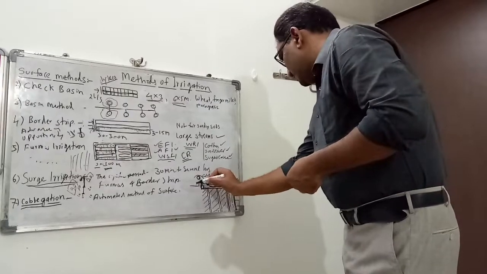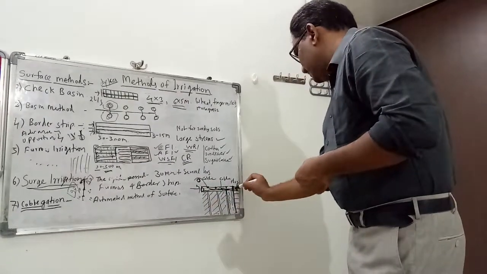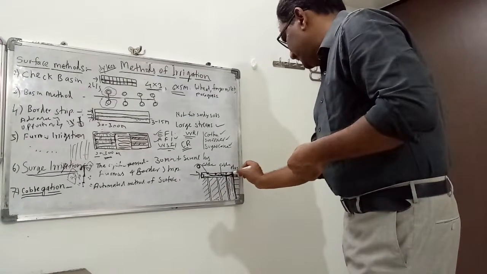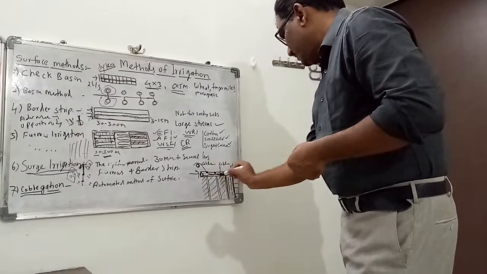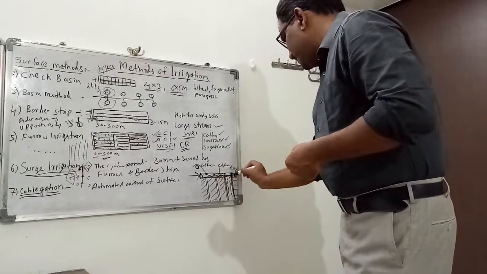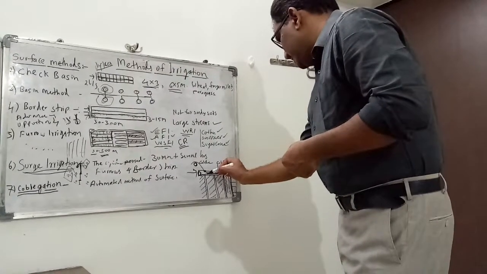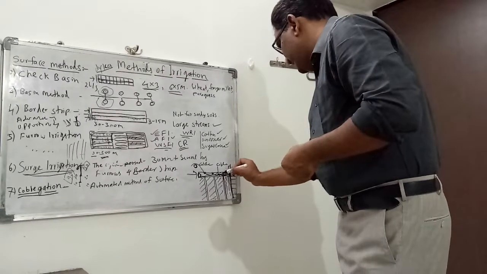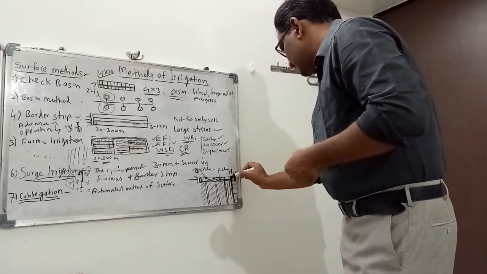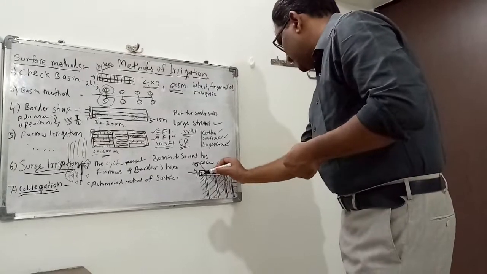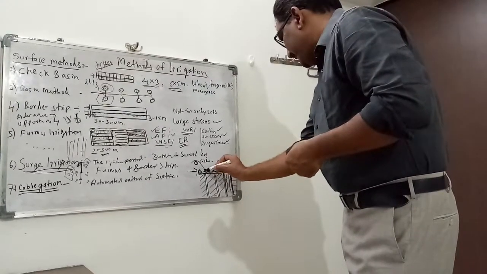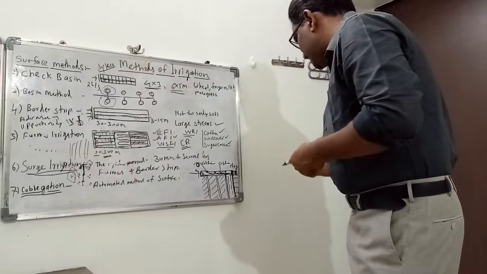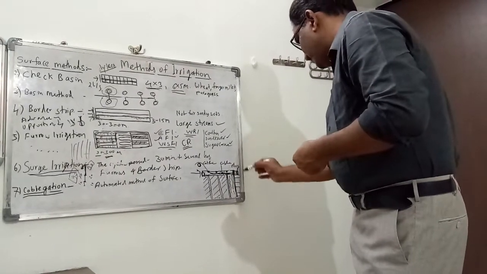This is the water movement. We can change the place of the plug. If the plug is pushed here, the water will be stopped, and as the water is stopped, the water level will increase here, and we can irrigate these plots. Then we can move the plug to this side, and we can apply the water.